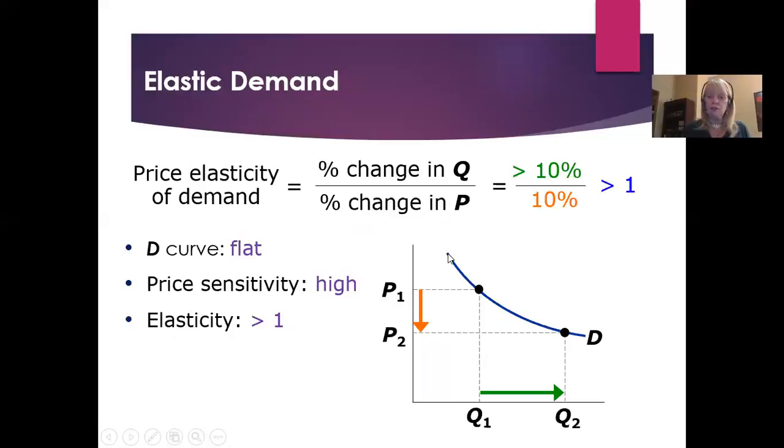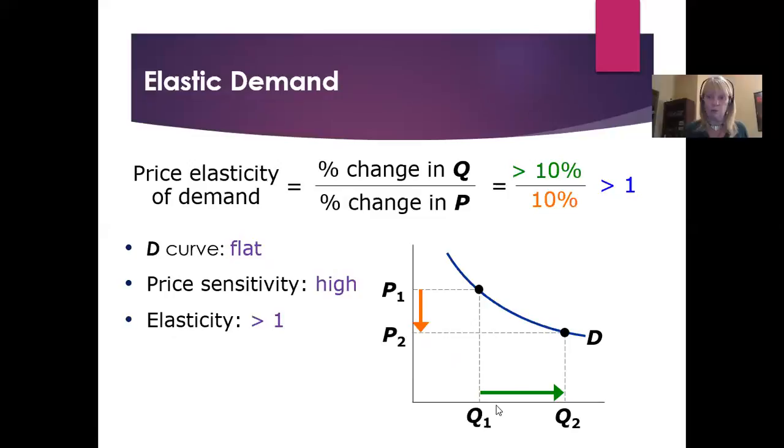It's also going to give you a kind of flat demand curve, because the percentage change in quantity, which is measured along the horizontal axis, is where the greatest majority of our change is occurring. So you get a lot of movement on the horizontal axis, quantity, not as much movement on the vertical axis, price, giving you a flat demand curve.